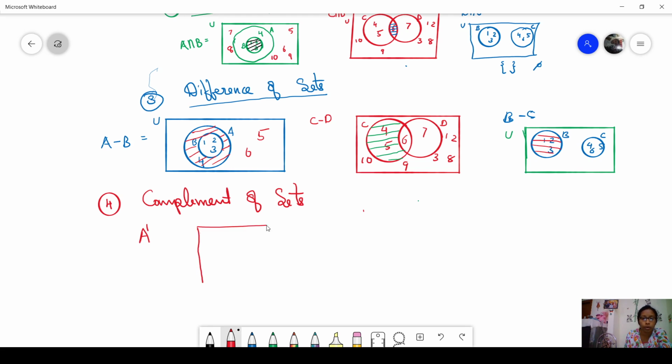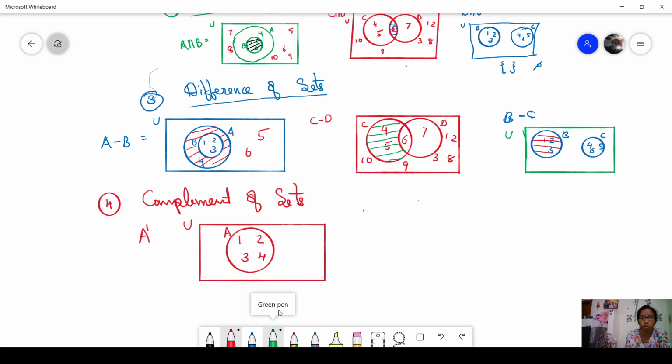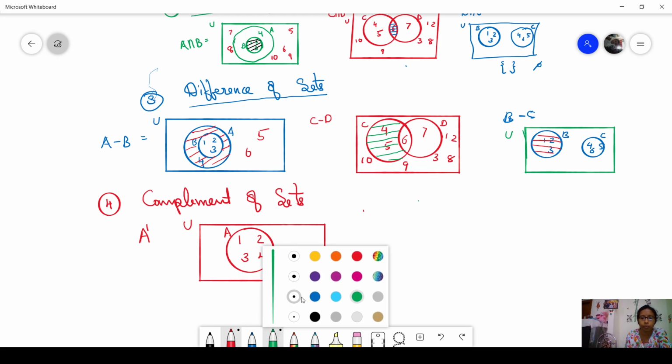So we are drawing one rectangle. So we will represent it as U, and I am drawing A. A is 1, 2, 3, 4. So 1, 2, 3, 4 is our A. Now the meaning of complement of a set A is elements of U which are not elements of A. So we will take it.